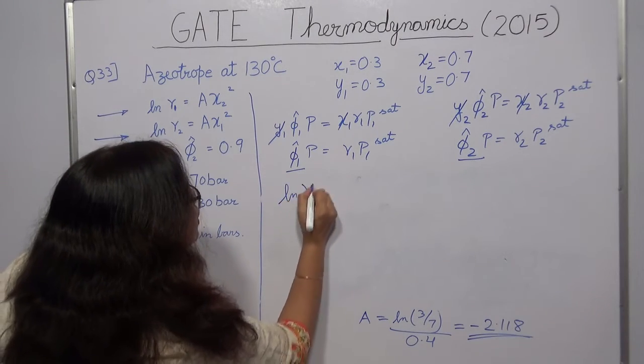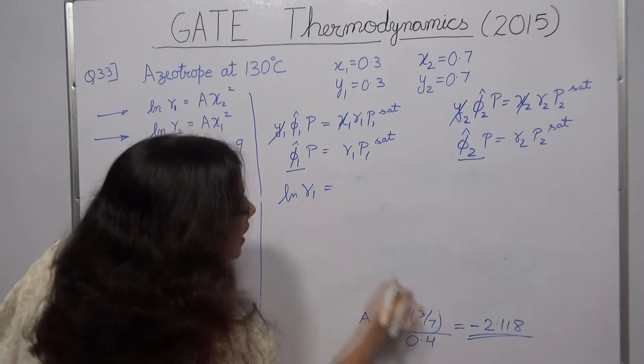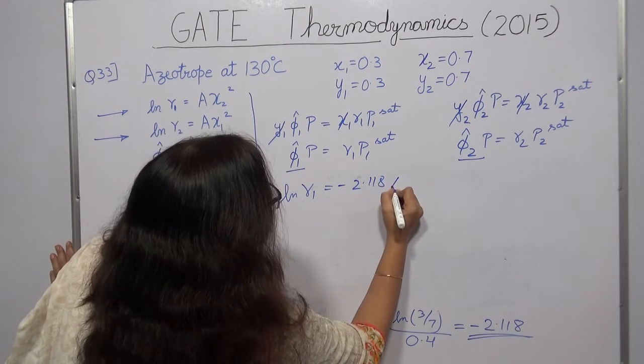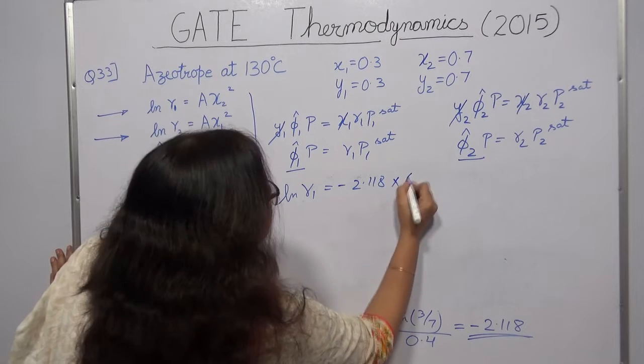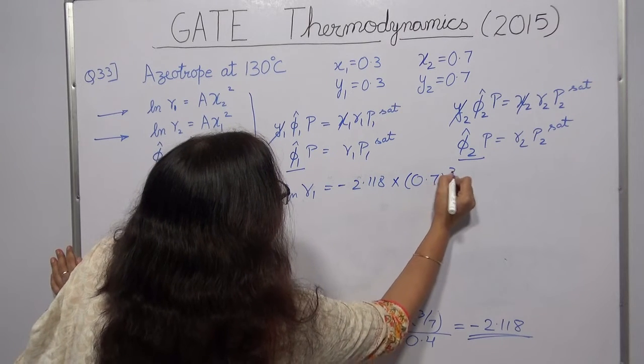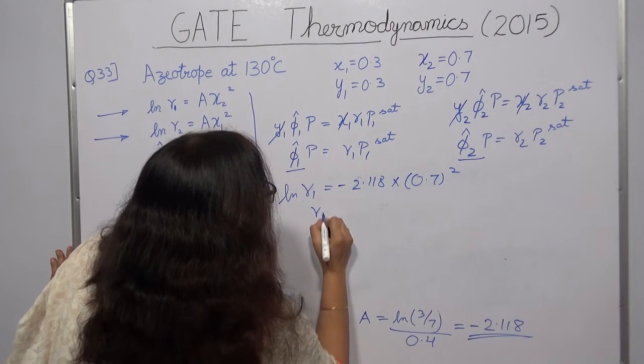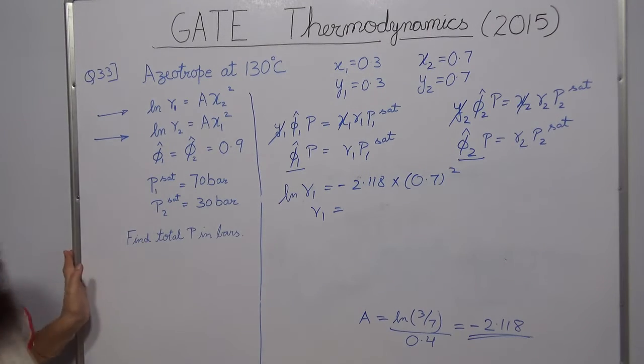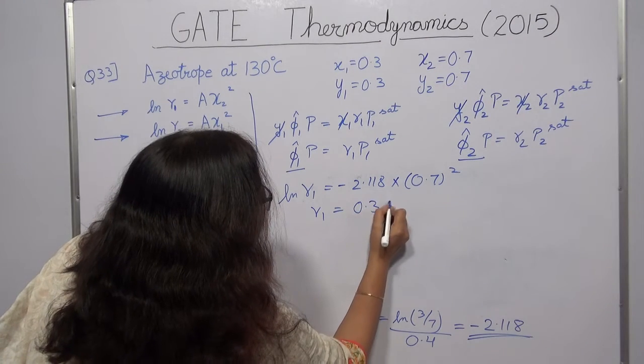So ln of gamma 1, that is equal to a, that is minus 2.118 multiplied by what is x2, that is 0.7 whole square. So that means my gamma 1 is equal to 0.354.